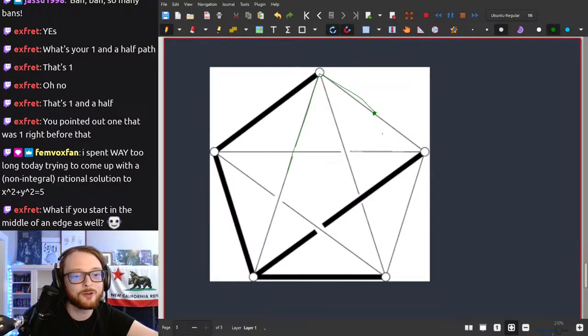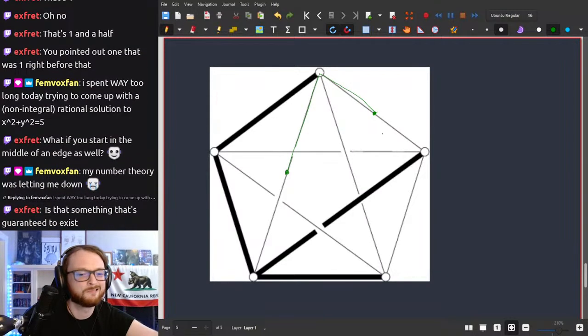Because if I started, say, here, I'm just getting a total distance of 1. But maybe I should choose a different second node. Okay, what if I chose that or that?